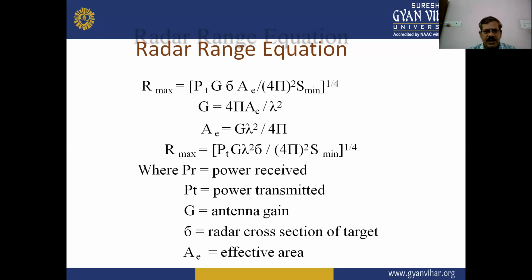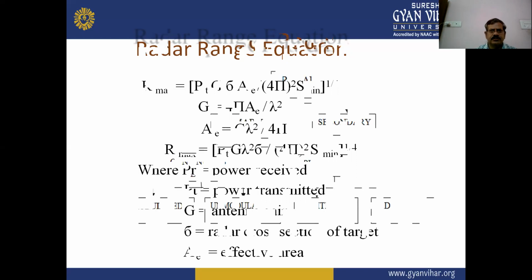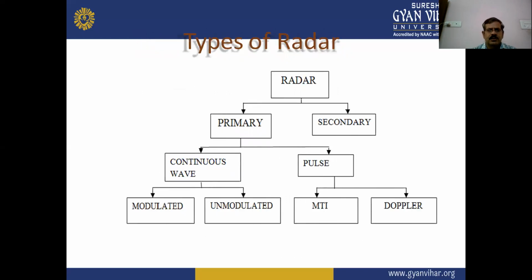G is the antenna gain, delta is the radar cross section of the target, and A_E is the effective area. So this is the radar range equation. With the help of this radar range equation, we can find out the range of the target from the radar.